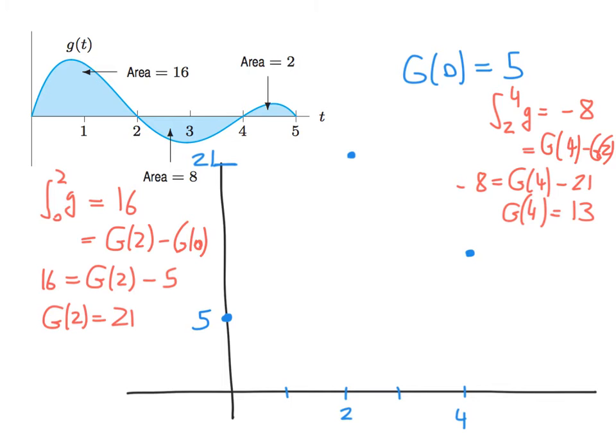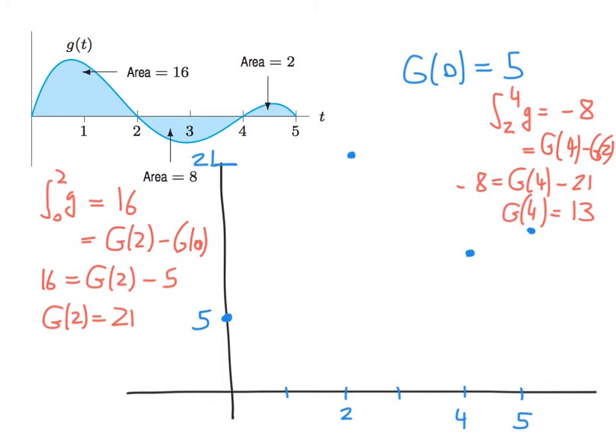The function starts out with 13 at 4, so at 5, since it's the total change, it must be 15. So same idea, and if you feel more comfortable, just write down these equations again. So we have at 5 now value 15.